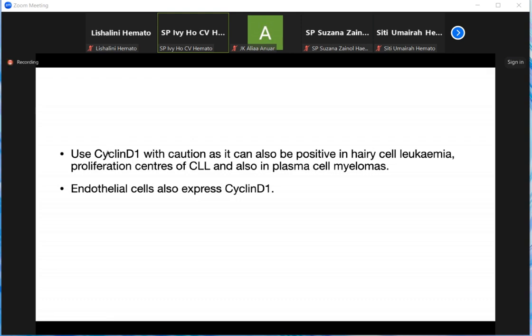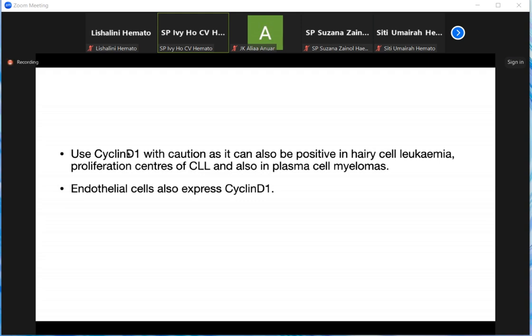That's why I cannot emphasize more: in the assessment of lymphoma, you have to put in the clinical features, the clinical presentation, the histomorphological features, and then add on the immunohistochemical expression. You have to put all this information together when you make a diagnosis of lymphoma. It cannot be so rigid, like cyclin D1 must be positive in mantle cell lymphoma and nothing else will be positive.